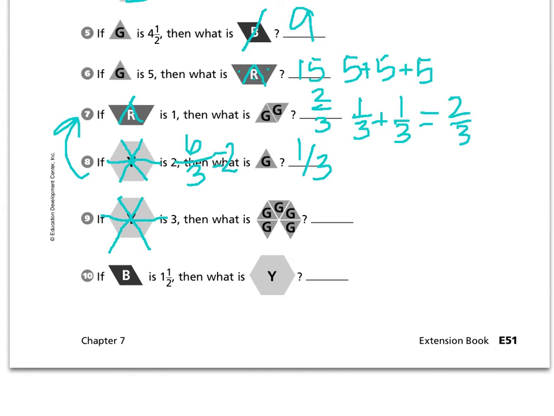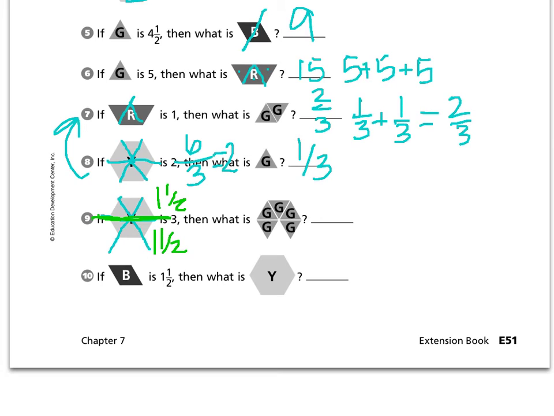Let's look at number 9. I've already cut it up into triangles because we need to have triangles to find g. The whole thing is going to be worth 3. Now if I look at this, I know that the top half is going to be 1.5, and I know that the bottom half is going to be 1.5, because if I divide 3 in half, I have 1.5 plus 1.5 to equal 3.